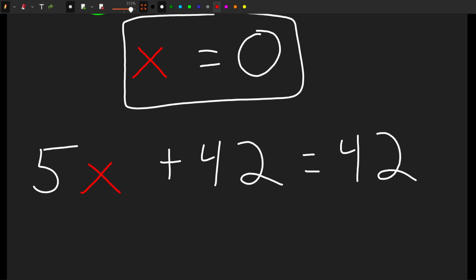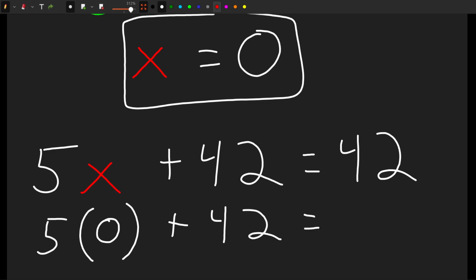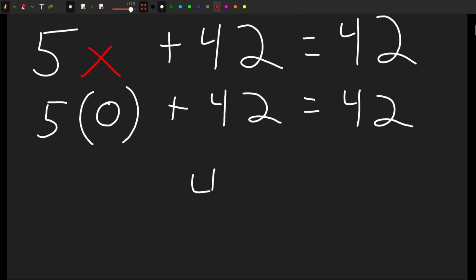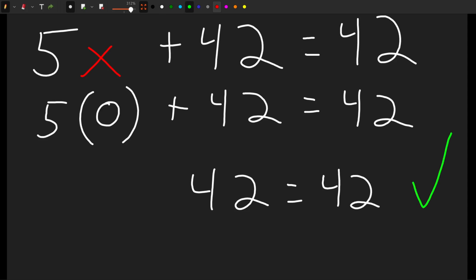I'm going to plug in x is equal to 0, so I'm going to get 5 times 0 plus 42 is now equal to 42. And 5 times 0 is just 0, so I get 42 is equal to 42. And therefore that is my answer. x is equal to 0.